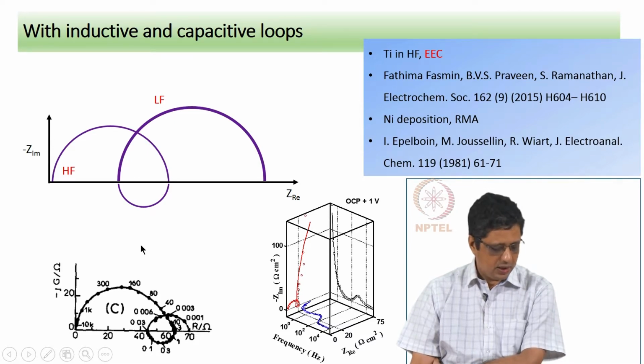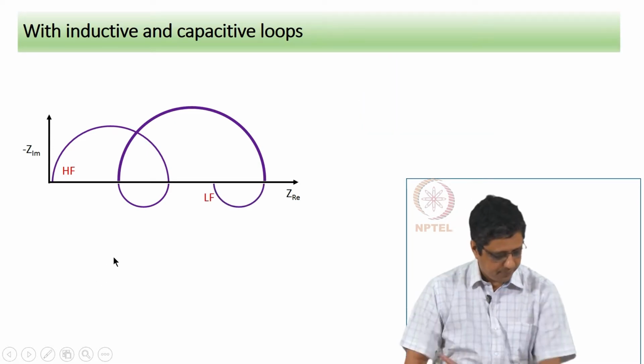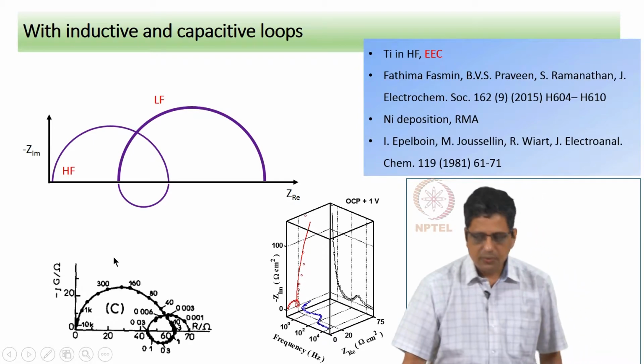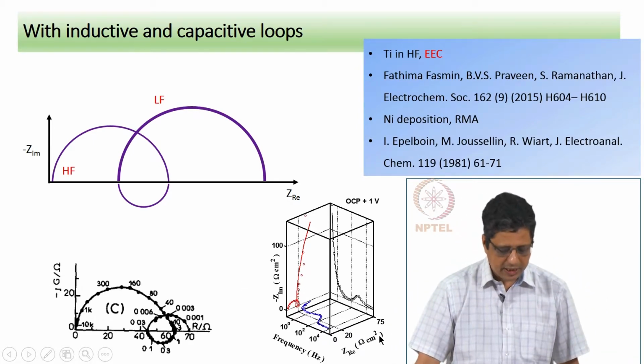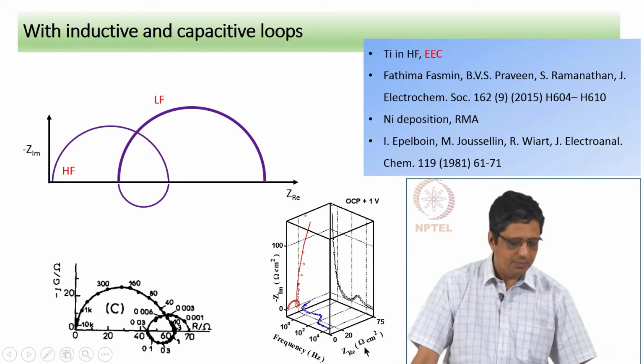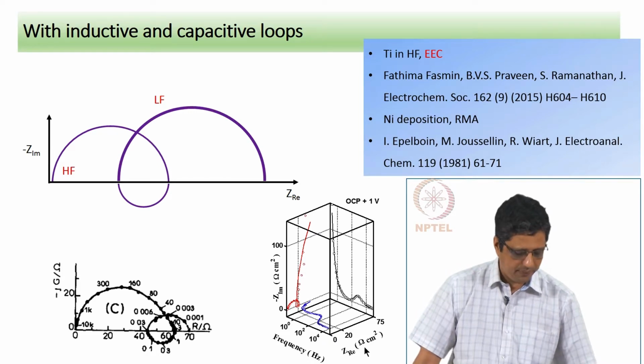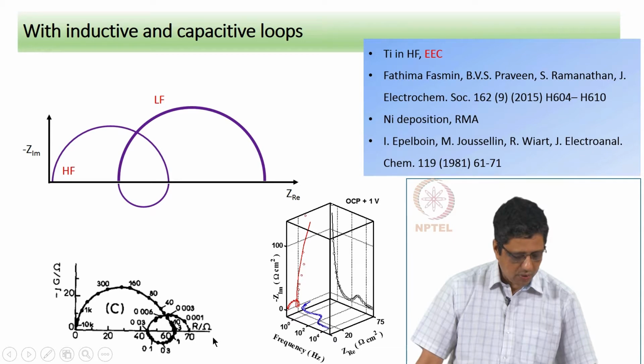You can see the notation is little different. Now, some of us use Z imaginary, Z real, somebody else might use a slightly different notation to indicate R in ohms, G in ohms, R minus jG.